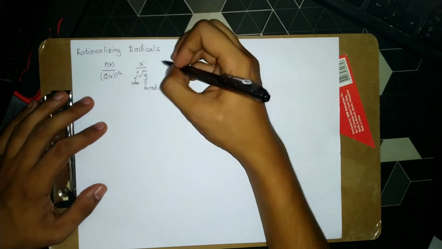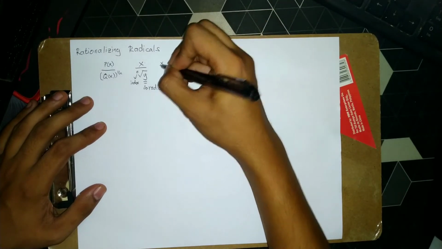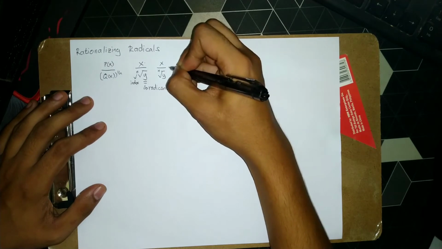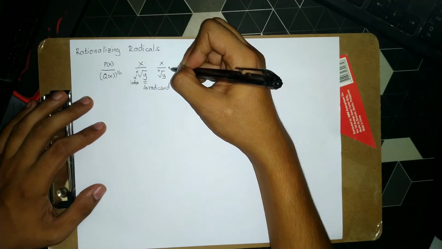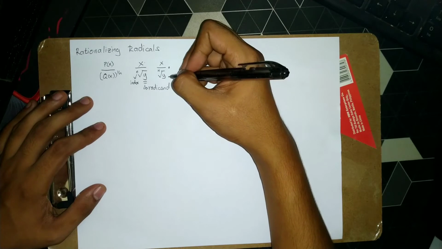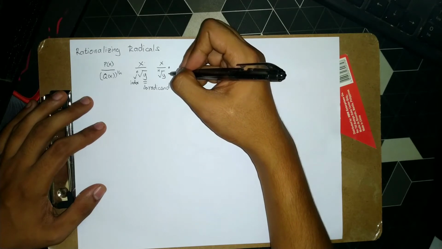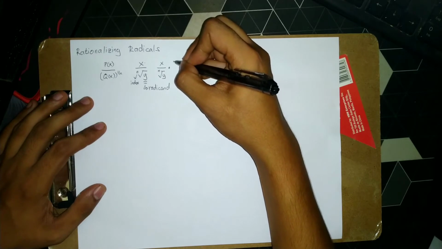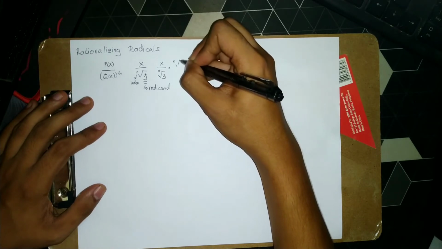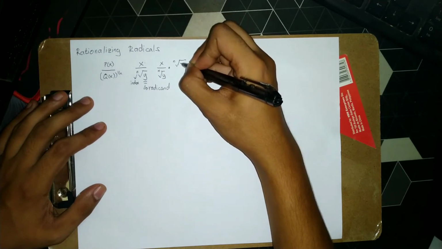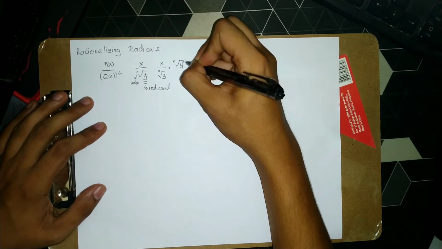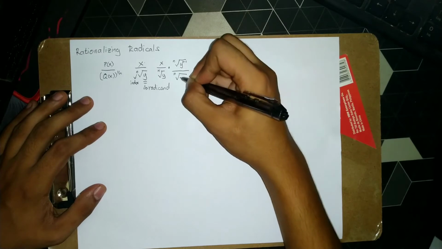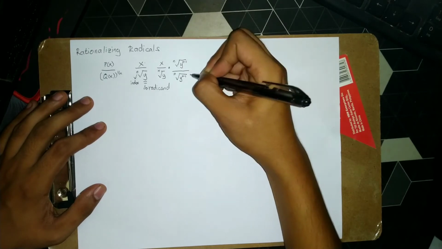If you have this function or expression, we need to multiply by 1 so as to not change the value of the expression. In this case, 1 would be written of the form the nth root of y raised to n minus 1 over the nth root of y raised to n minus 1.